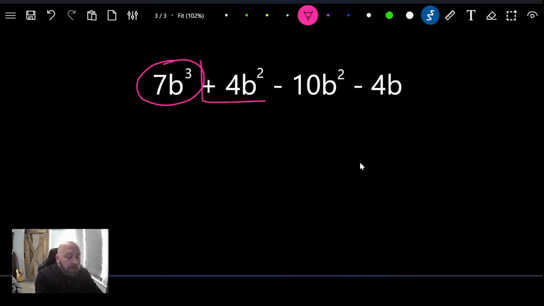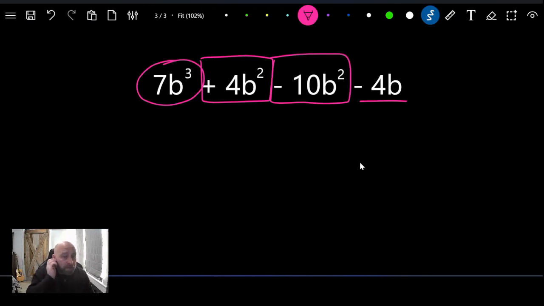Let's put a box around all of the squared terms. I see two squared terms, and then let's underline the term with no exponent. Now, it will help you if you figure out some kind of system to use, and that way every time you get to one, you'll separate everything out, and that will really help you.